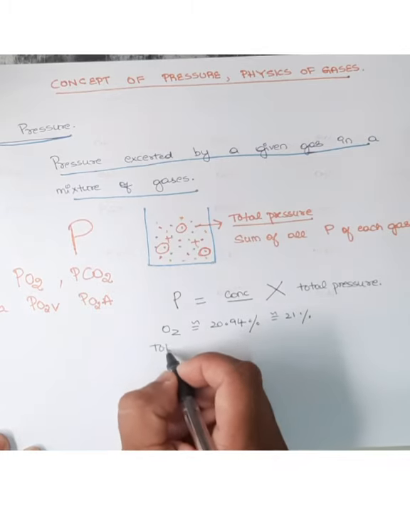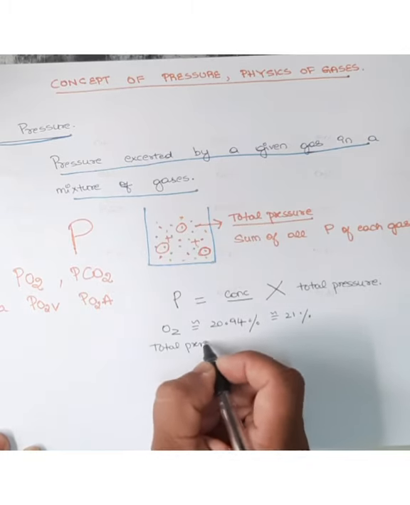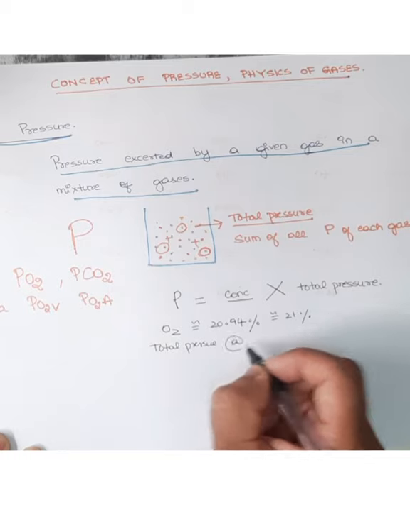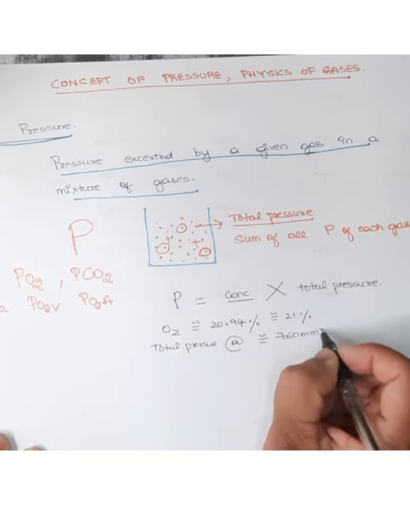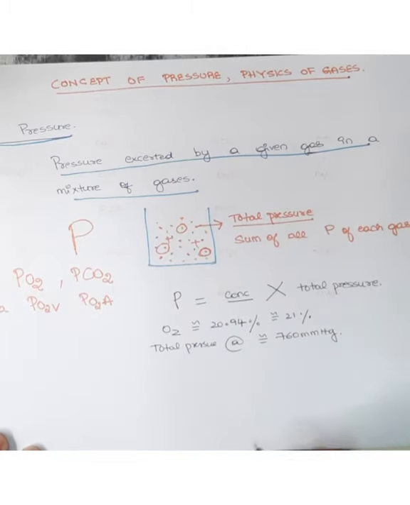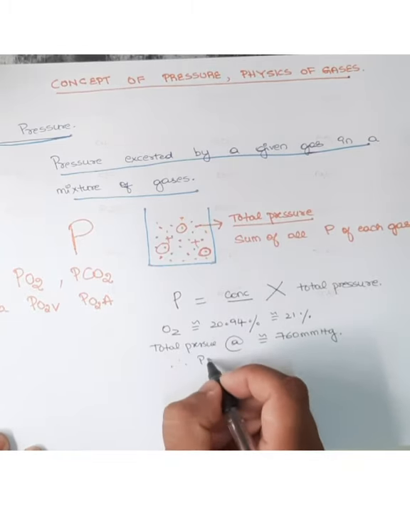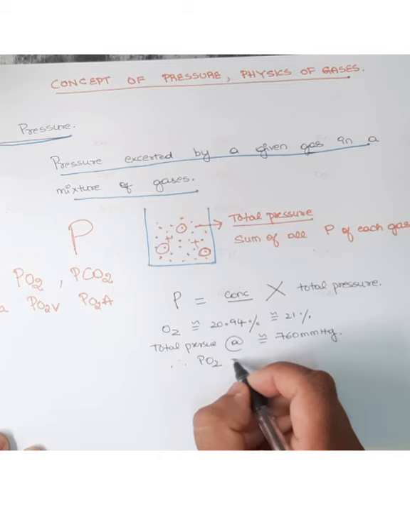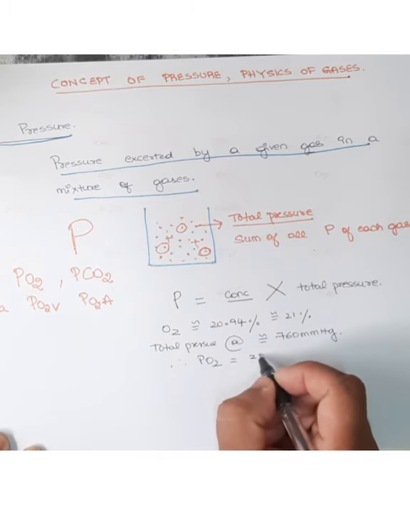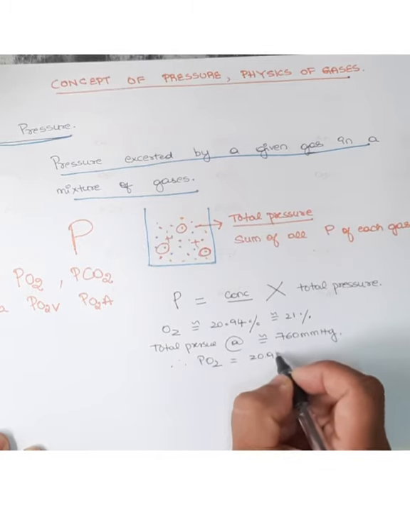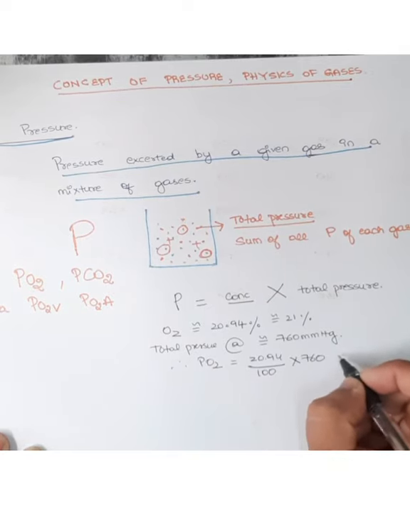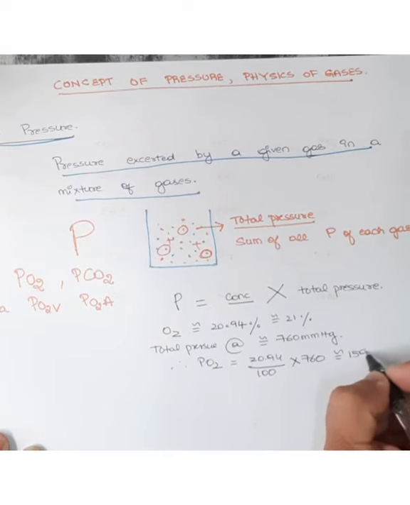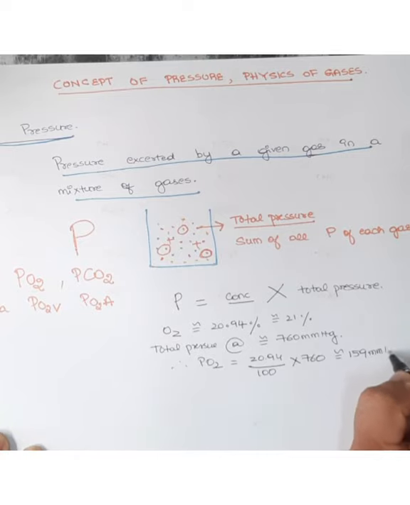The total pressure at sea level is about 760 mmHg, millimeters of mercury. Therefore, partial pressure of oxygen is equal to 20.94 by 100 times 760, that is approximately 159 mmHg.